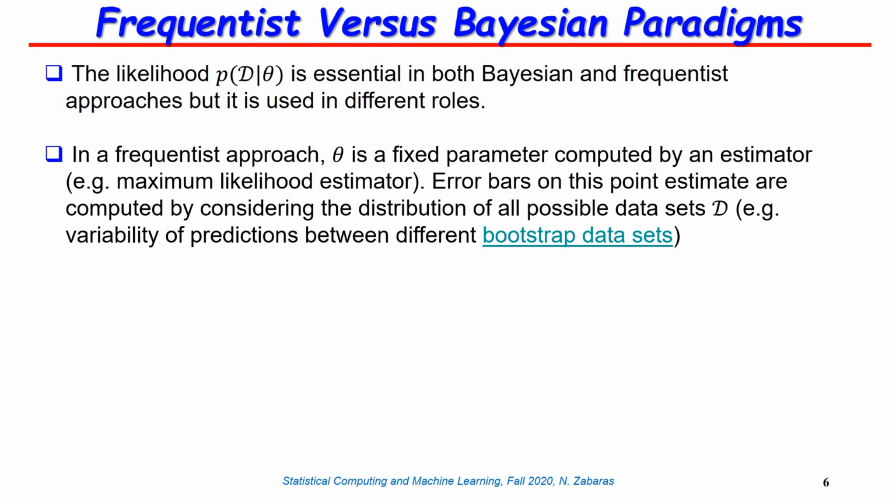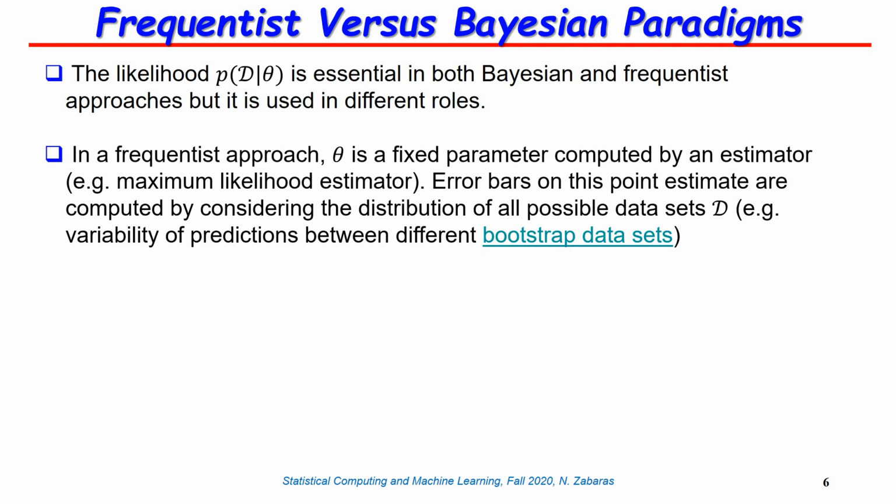And this evaluation is done through the posterior P of theta given D. So in a Bayesian setting, this parameter theta is taken to be a random variable or a random vector, depending on the dimensionality of theta.